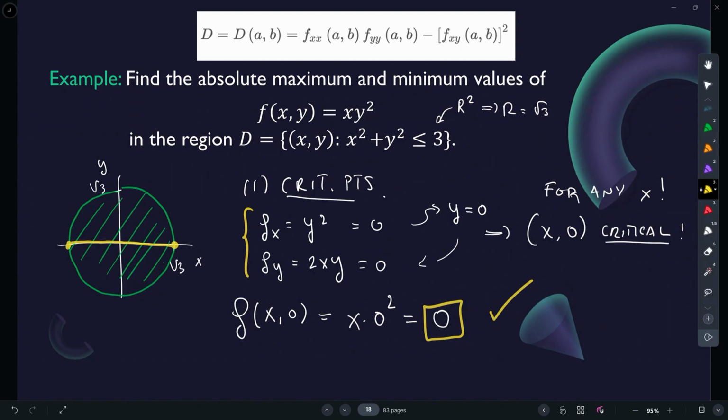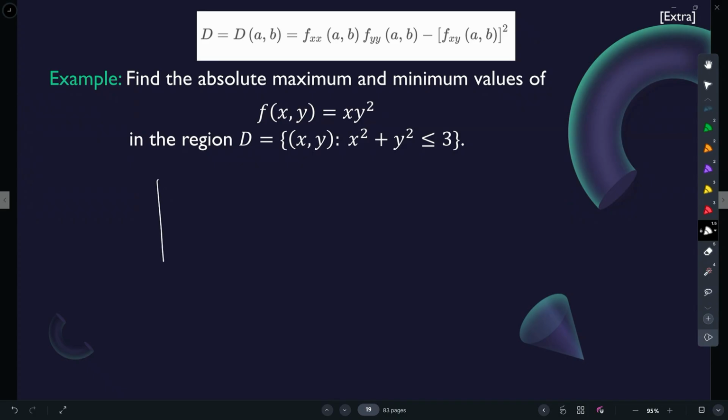Okay? Now I'm going to switch to the boundary. So now at the boundary, I have just the circle, not the filled-in circle. And I want to know what is happening with the function on this boundary.